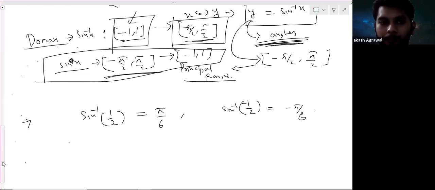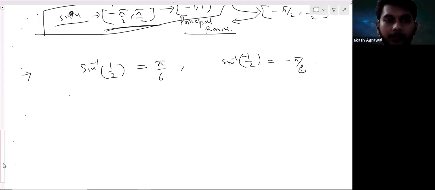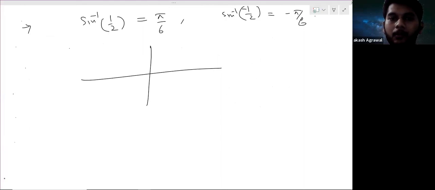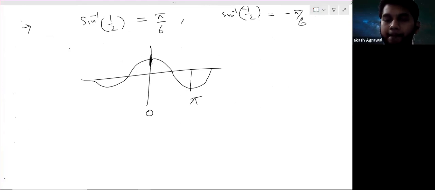Okay. Now what about cos inverse? The graph of cos is something like this, right? Yes, sir. And what do we do? We break the graph from here to here, 0 to pi.